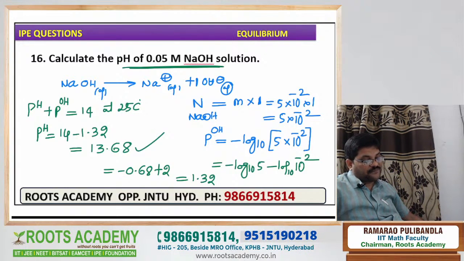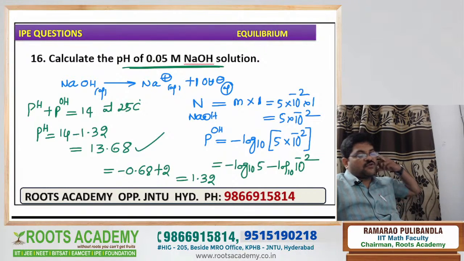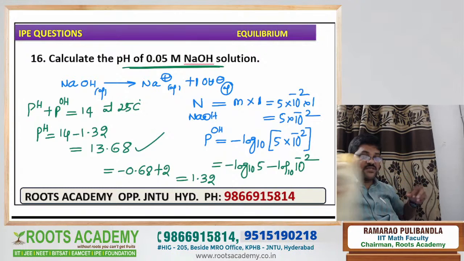Repeat once again. NaOH aqueous solution dissolved in water gives 1 mole of Na plus aqueous and 1 mole of OH minus. Because on the pH scale, the problems are done in terms of normalities, because the acid or base added to aqueous solution is ionized. Therefore, normality of NaOH is equal to molarity into number of OH minus ions, which is 1.